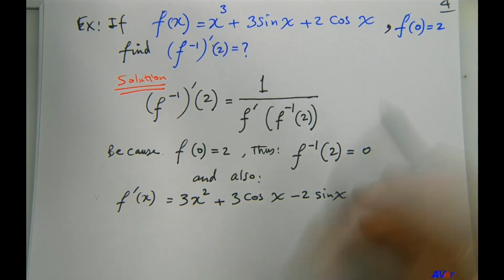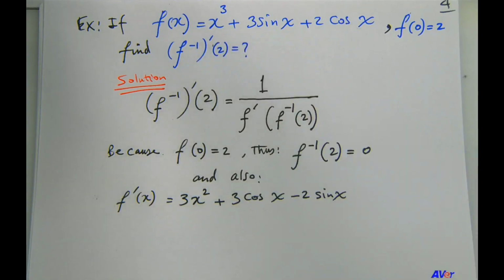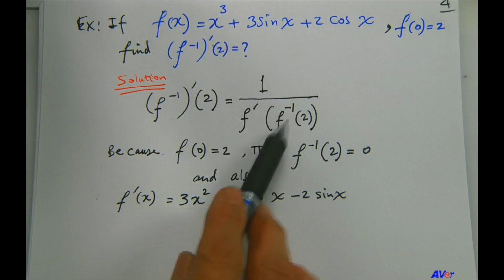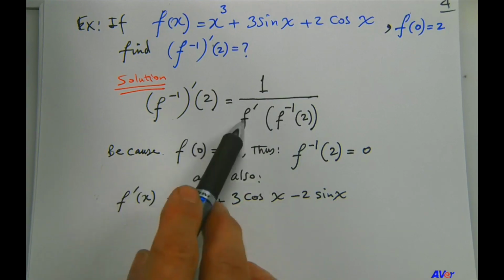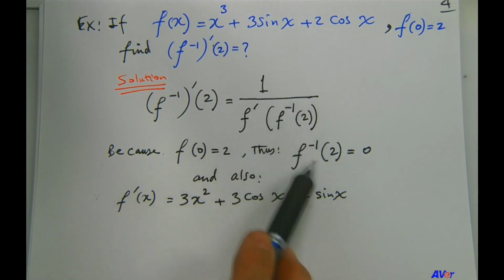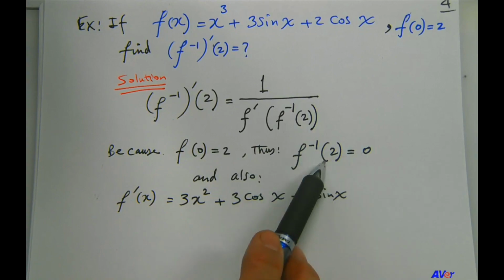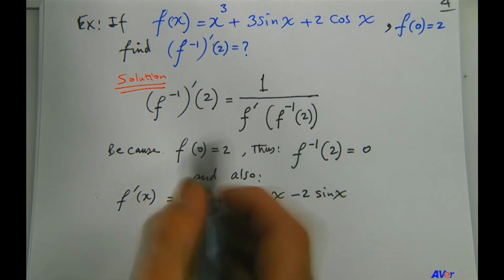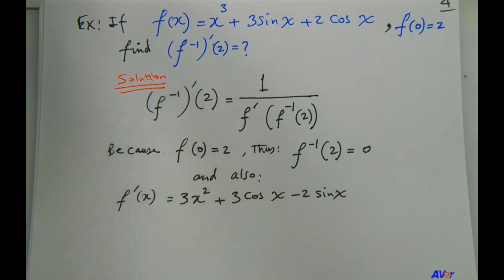This is the derivative of that. Now let's evaluate this at 0, because we know that quantity is equal to 0, and that would give us the answer to what we're looking for.